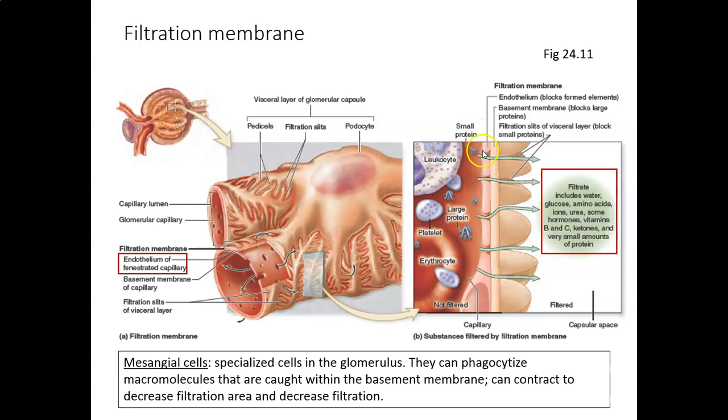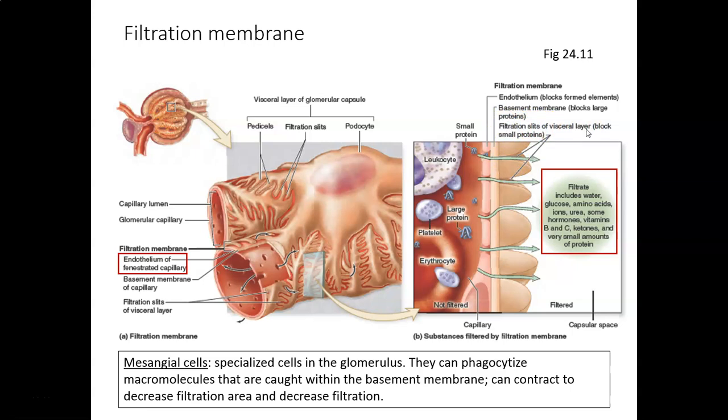But those holes are still small, so the large proteins have to stay inside the blood. They're not going to be filtered out. The other part of the filtration membrane is formed by the basement membrane, but also these filtration slits of the visceral layer.